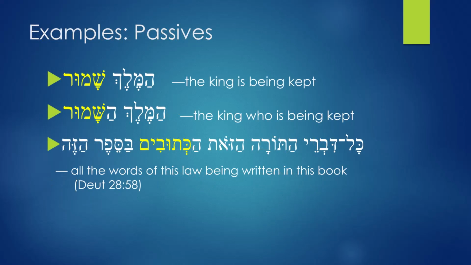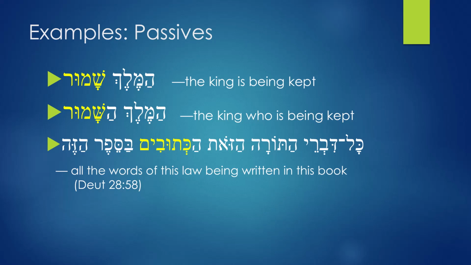The first one you have Hamelech Shamur. You have the participle Shamur, and because of that shurek, that is telling you that the word you're looking at is a passive participle. And this one is Qal passive, masculine singular, because of the kametz and shurek. Shamur means being kept, from the word shamar.